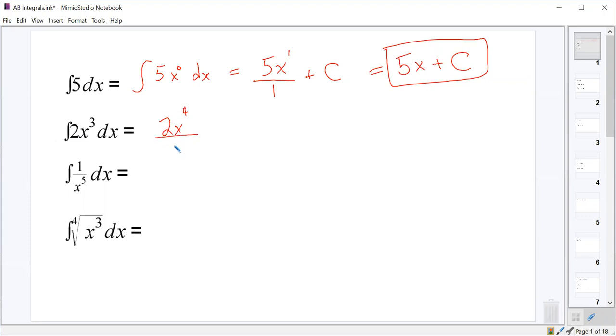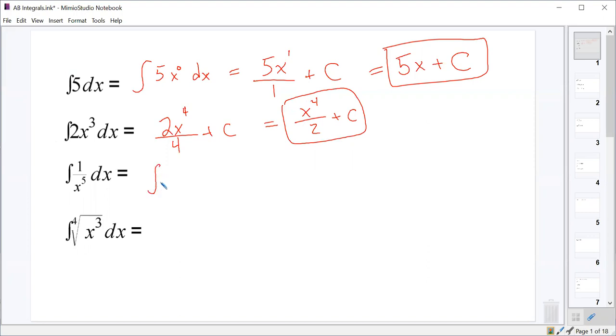Fourth, and we'll just divide by 4 plus our constant, or we could simplify that to x to the 4th over 2 plus a constant. Good or no? Good. All right, what about 1 over x to the 5th?